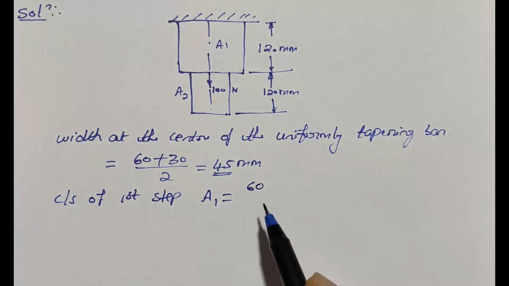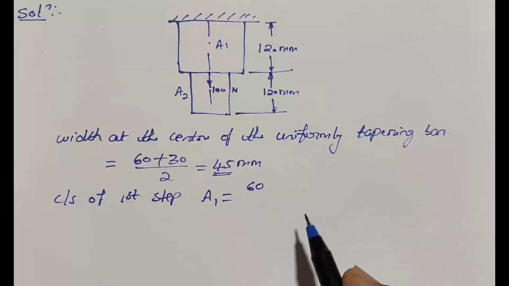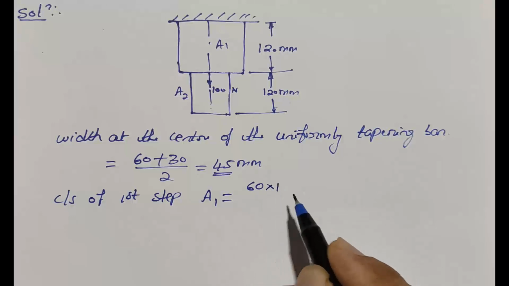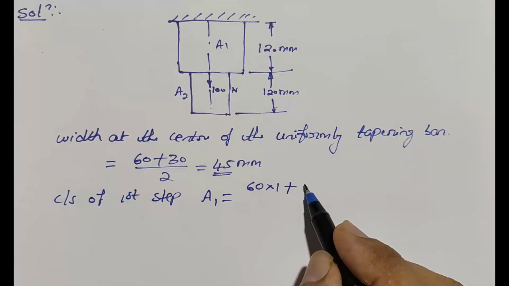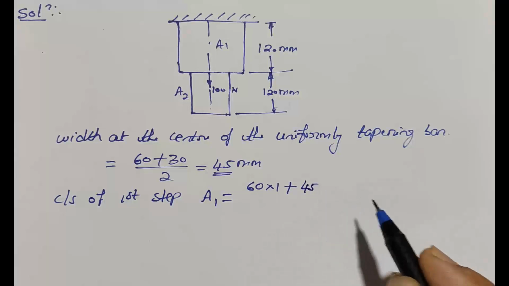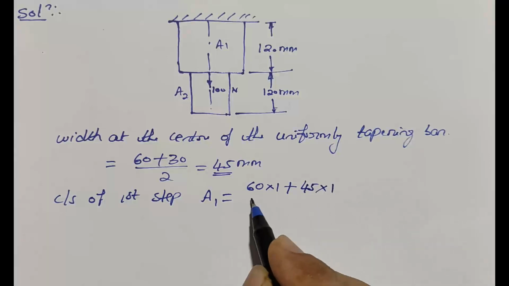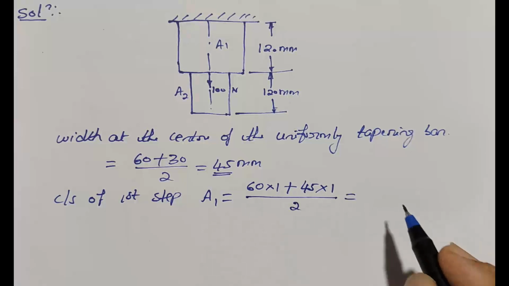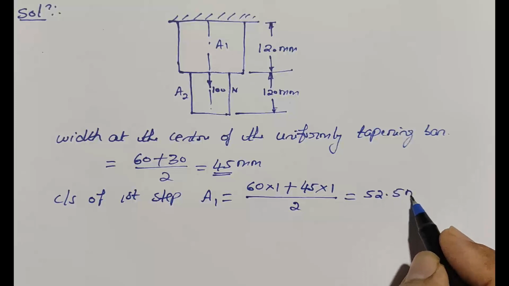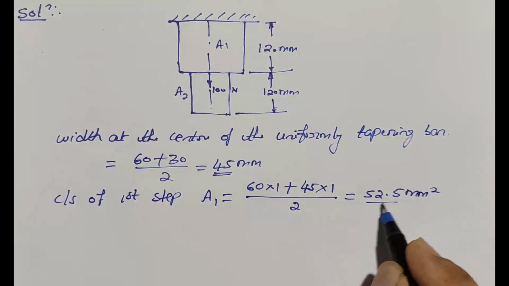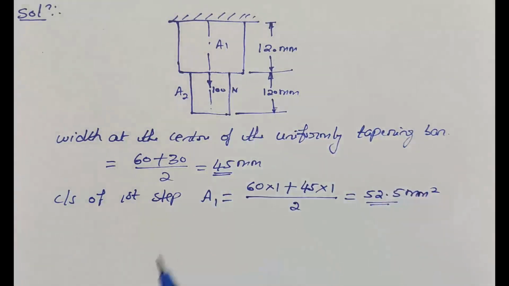See, we need the cross section area. We have the width and thickness is given, it is 1 mm. So width into thickness gives the cross sectional area, plus the width at the center is 45 into the thickness 1 divided by 2, which is equal to 52.5 mm square. This is the cross sectional area of first step.